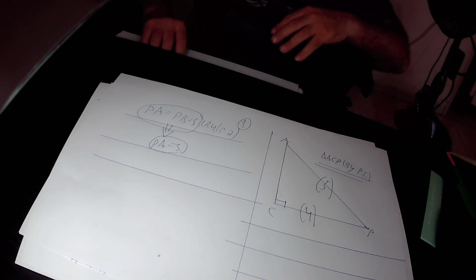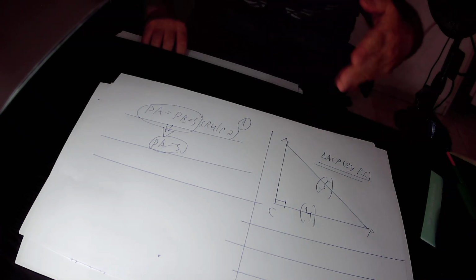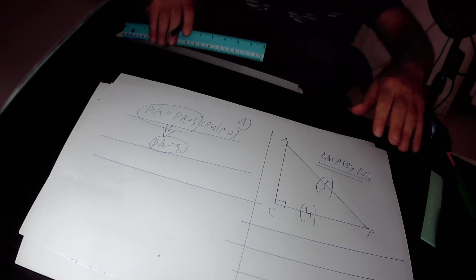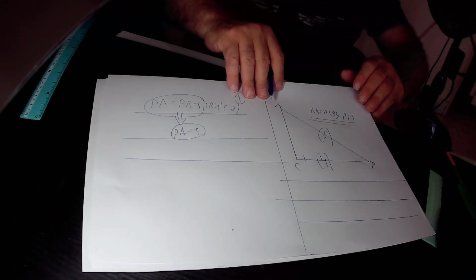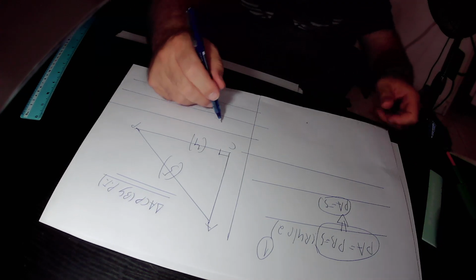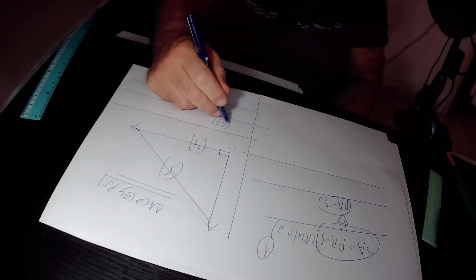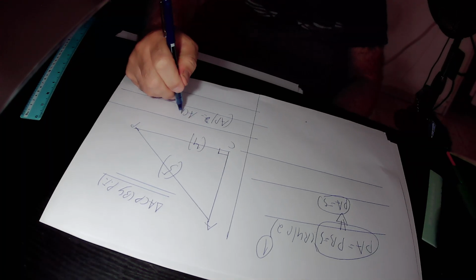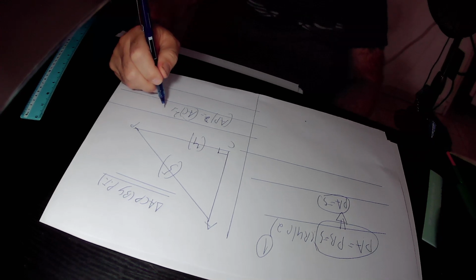According to the Pythagoras theorem, in this right triangle ACP, AP squared, that is the square of the hypotenuse, equals AC squared plus CP squared. So write it down. AP squared equals AC squared plus CP squared.